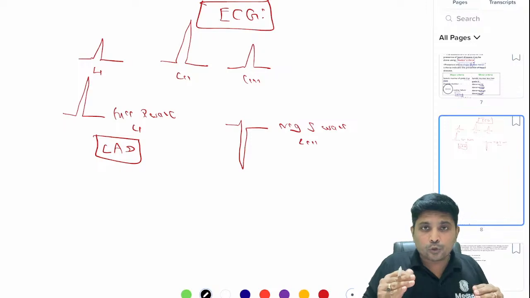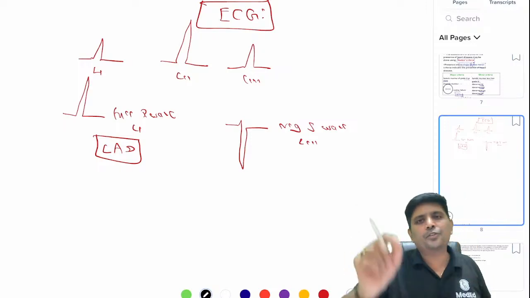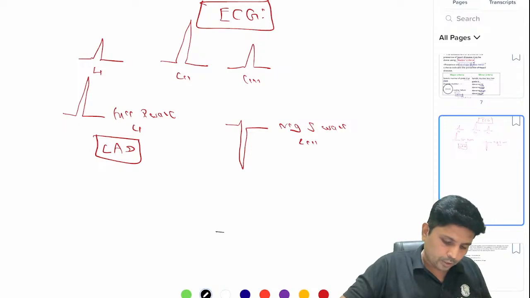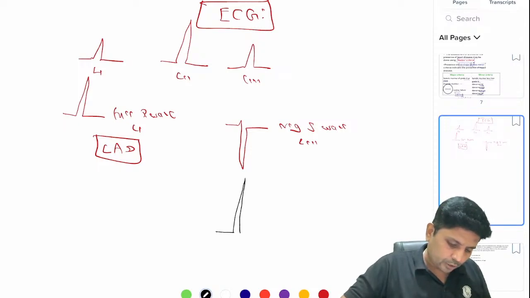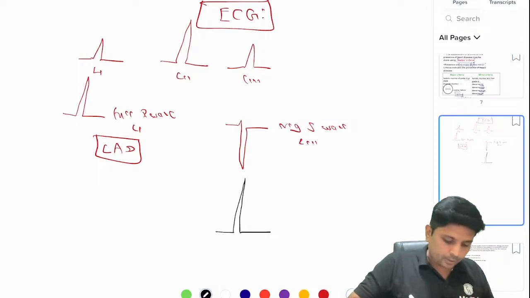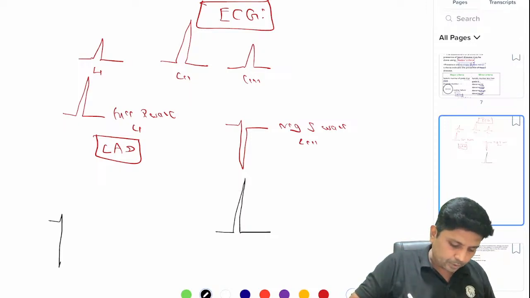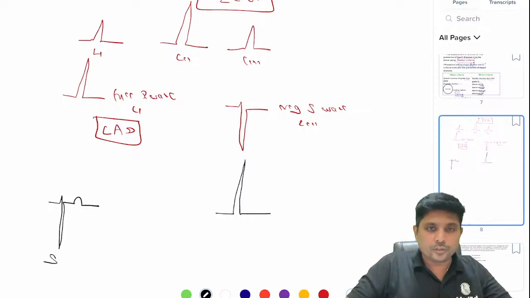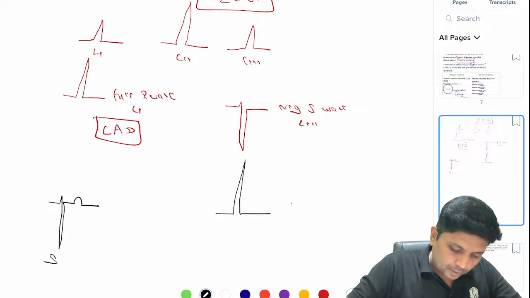Whenever current flows towards a particular lead, you will have a positive voltage. So lead 3 will have a tall R wave, whereas lead 1, the current going away from it, will have a predominant S wave. This is called right axis deviation.